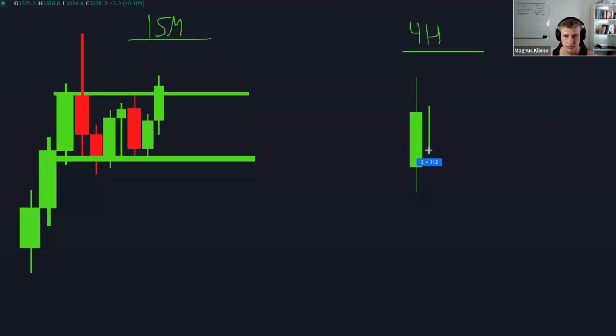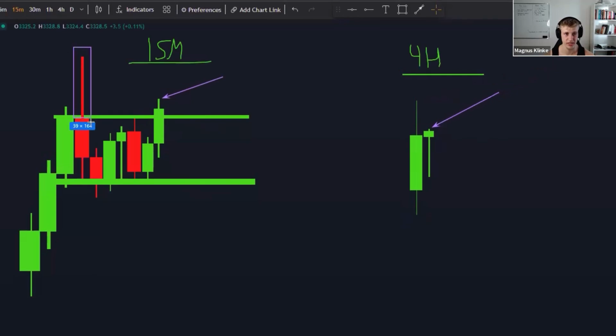We came up, we're breaking highs now, and we're about to re-break the 4-hour current high. The 4-hour current high right there is this one right there. So you see these two align here, and those are the wick of the 4-hour time frame to get a 4-hour wick fill here. So the wick to be filled in this example here is this wick, which is this wick right here.